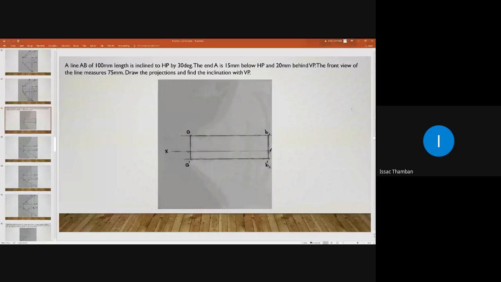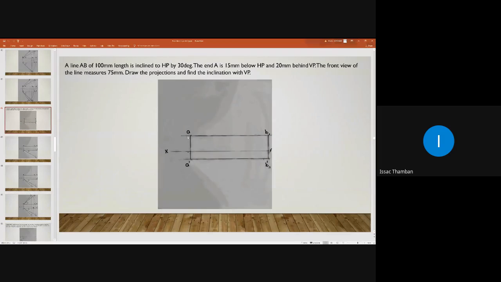What is the specialty of points located in the third quadrant? Its elevation will be below XY line and plan will be above XY line. First, let us draw the XY line and let us assume that the line is parallel to HP and VP. So, draw the XY line, draw the first end projector, mark point A dash and A. Here A dash will be below XY line, A will be above XY line.